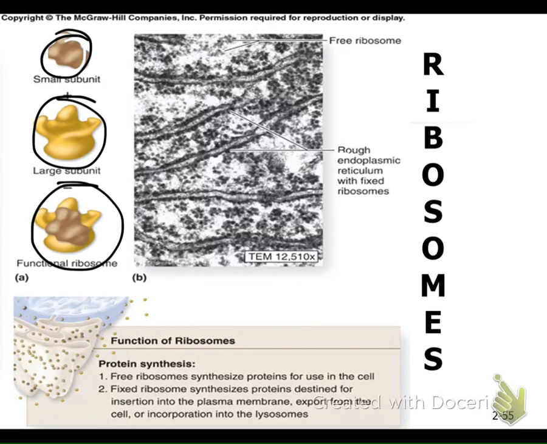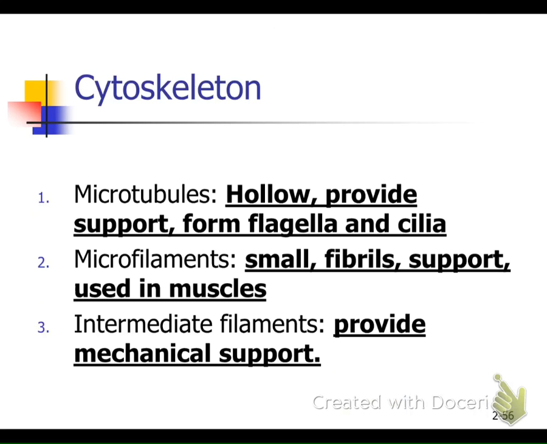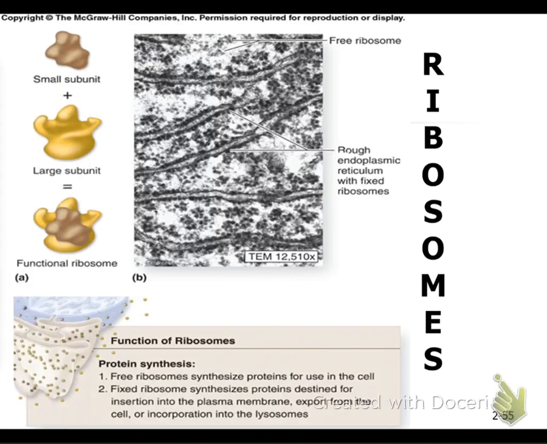This is that same electron micrograph I showed you before, all these little dots that are associated with the endoplasmic reticulum and some of these freely floating dots, those are all ribosomes. Let me go back to the statement at the bottom down here and make sure we understand this.